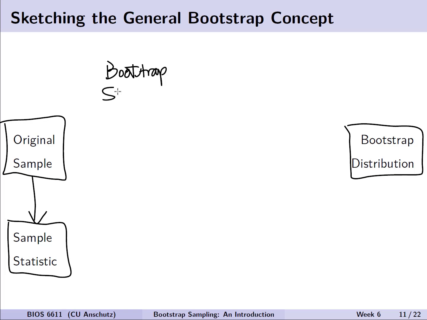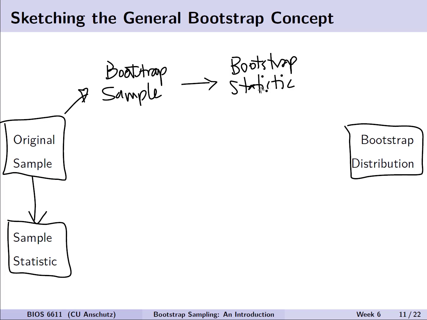Well, what we can note here is we're going to have to draw a bootstrap sample. For example, let's assume we're starting with the very first one. What that means is that from that original sample, we are going to sample those observations with replacement. From that bootstrap sample, we're then going to calculate the bootstrap statistic instead of just the sample statistic.